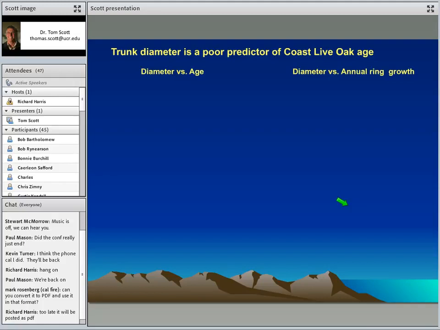And so the point is that if you get to the place where you can grow as an oak, you grow, and if you don't get there, you don't grow. And so you can have very small trees that are actually quite old and very large trees. In fact, the largest trees we find in oak woodlands typically have very large growth rings and are not as old as some smaller trees.